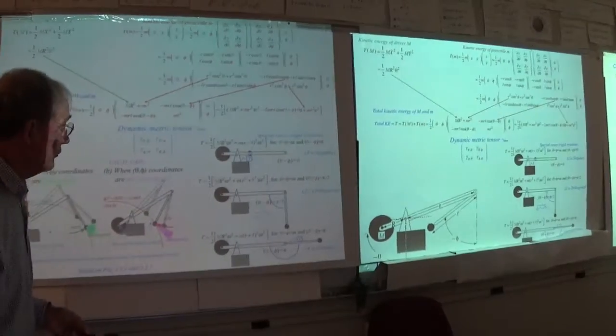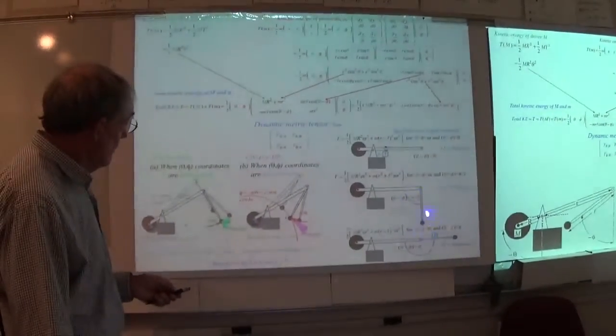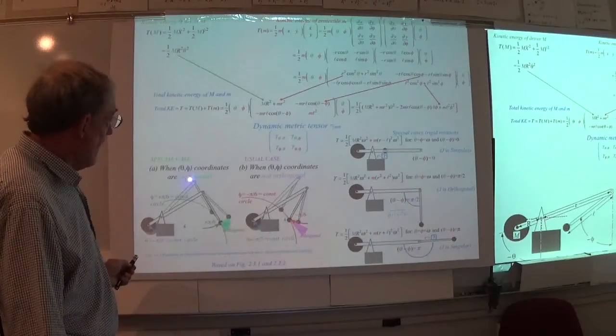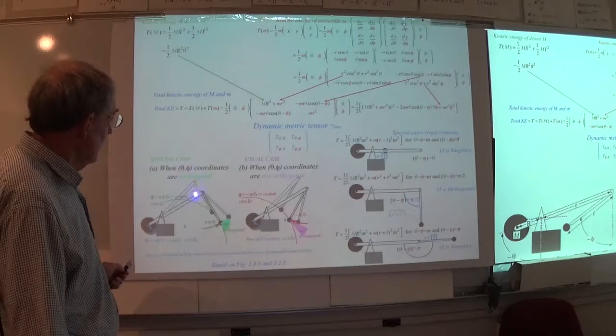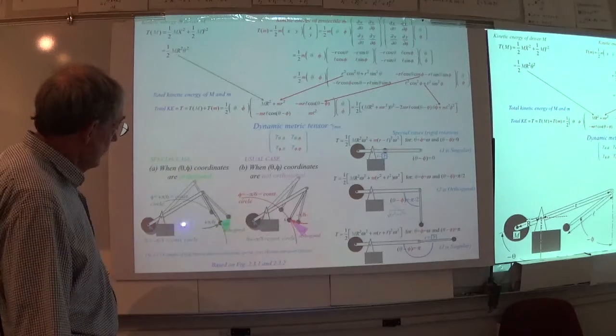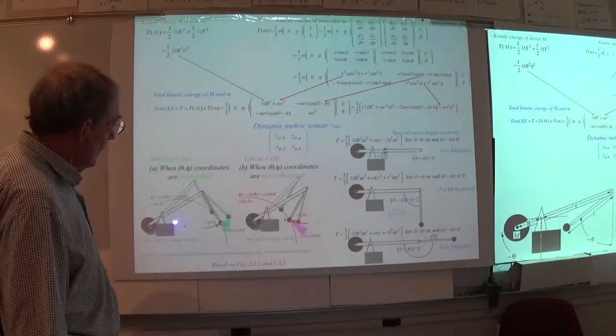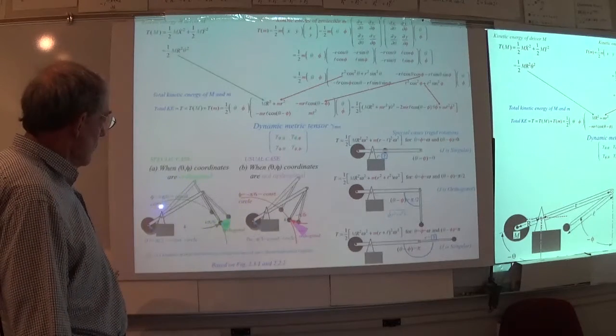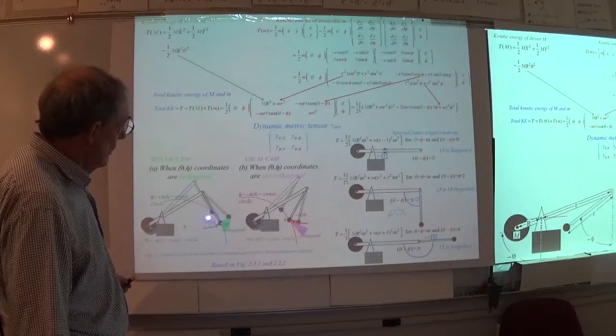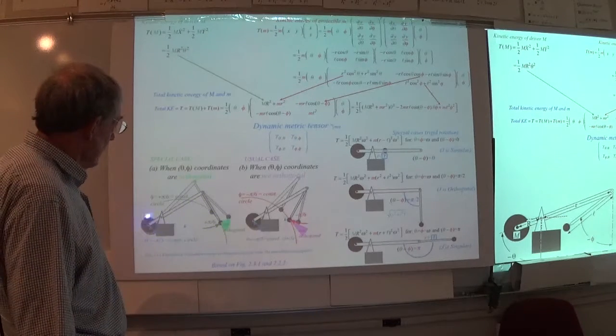The other thing I wanted to show was that when you have them at 90 degrees, then the two coordinate lines, there's the coordinate line for the projectile, there's the coordinate line that's associated with turning this angle, the big theta.